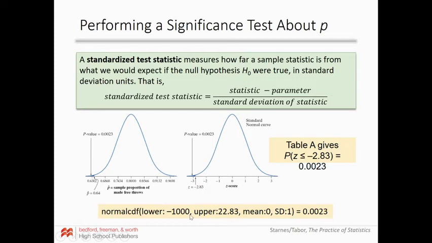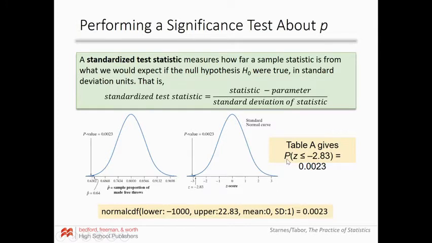If I was doing it for the basketball problem, I would do normal CDF, lower 1,000, upper 0.64, and then my mean 0.8, my standard deviation 0.05, or whatever the standard deviation was, to get the probability of getting a value that small or less.